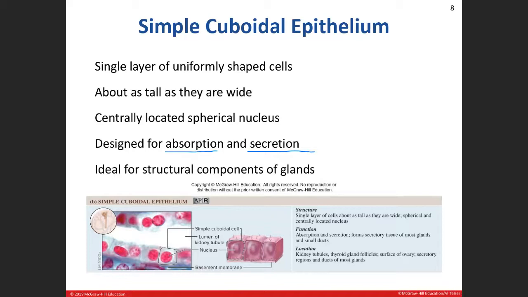We're going to see this type of epithelium predominantly next semester when you study the kidneys, in the duct system of your kidneys. Secretion, think of glands. Glands like to secrete stuff. So a big portion of the glands here. And we'll learn about the anatomy of glands later on.